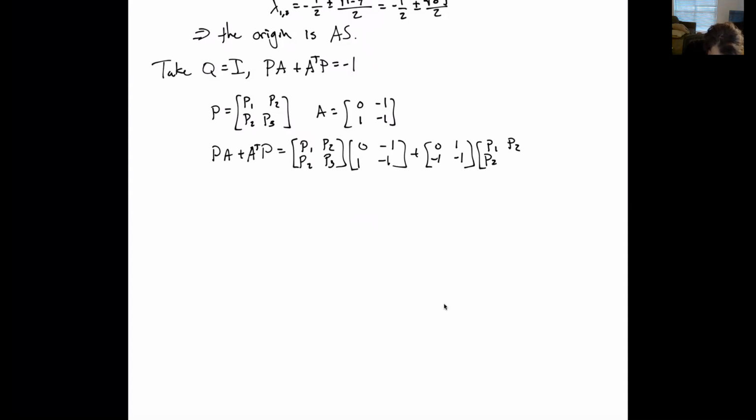We get, this will be P2, this will be minus P1 minus P2. The bottom one, this will be P3, and this will be minus P2 minus P3. Plus, let's do the same thing over here. Say P2.